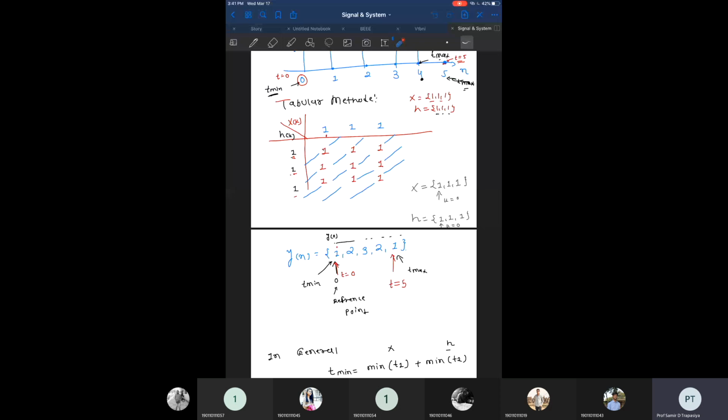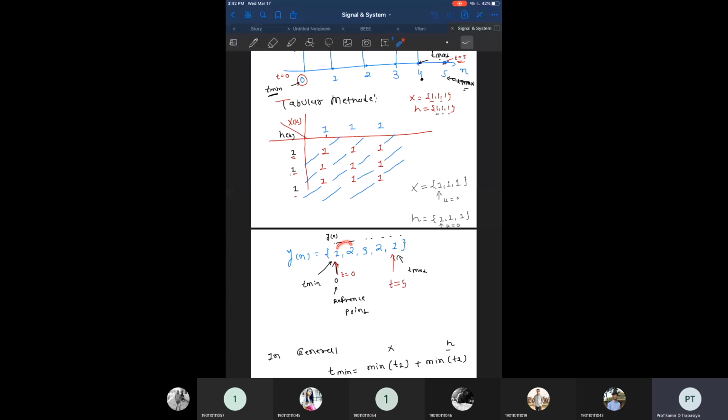If we know about one, we can locate the first element of y of n at the particular time axis value, and then all the others we can identify easily, because the next value will be located at t equal to 1, the next at t equal to 2, and so on. So at least we should have an idea about the first point.